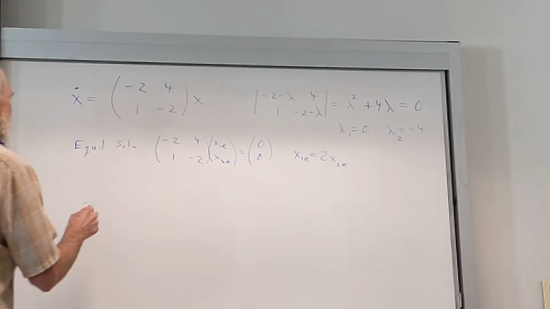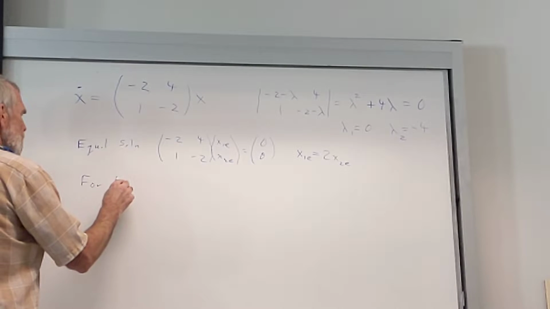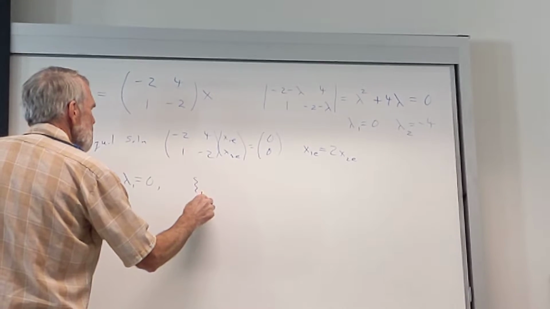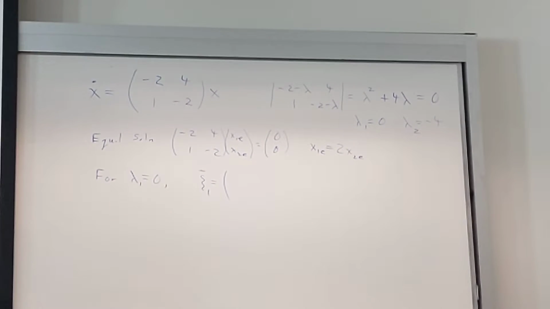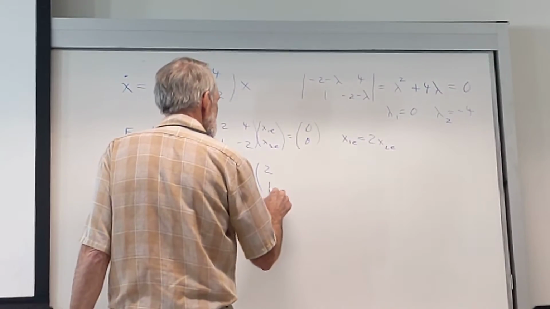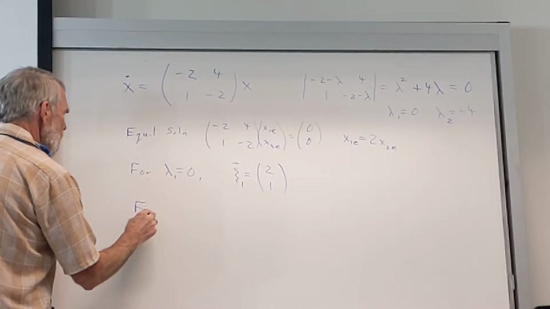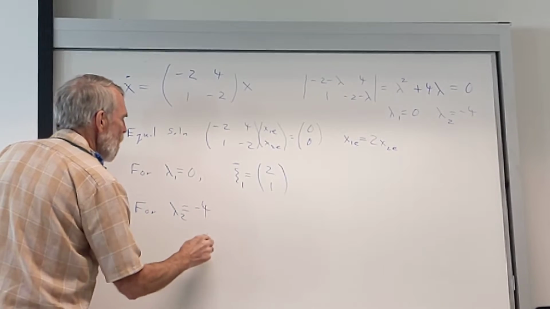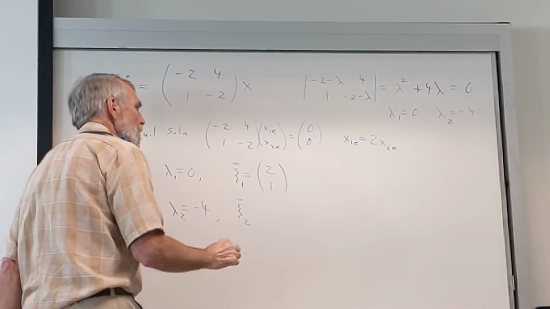Okay, so, no surprise, for lambda 1 equals 0, what is the eigenvector xc1? 2, 1. Okay, 2, 1 would be a fine one to use. All right, and let's look at lambda 2 equaling minus 4. Let's see if we can get my xc2.